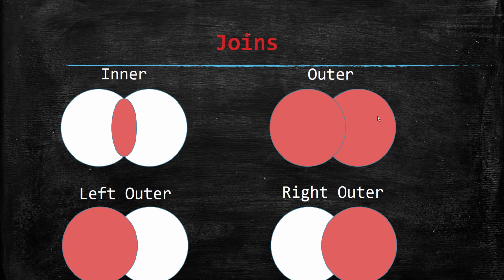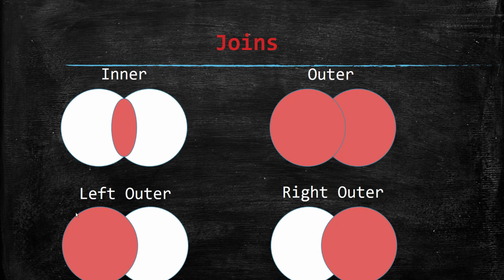Please consider this as a full outer. In the full outer it will consider both tables. All records will come like a union, but there is a little bit of difference between the union and full outer. We'll see that in the next session.